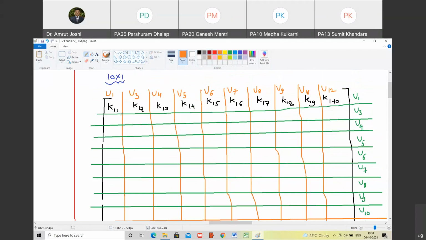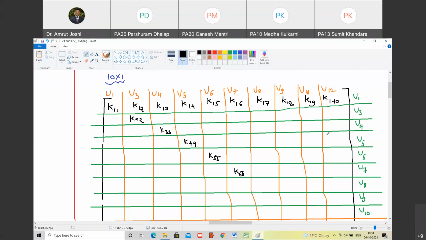So now, let me write down all these elements. This is going to be K22. This is going to be K33. K44, K55, K66.